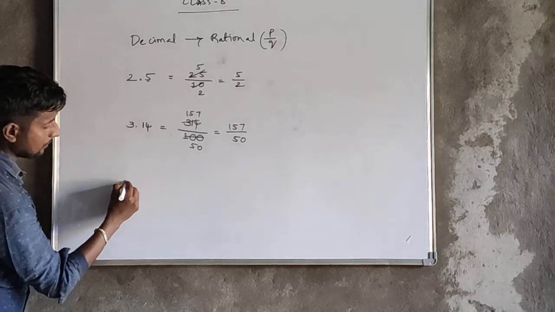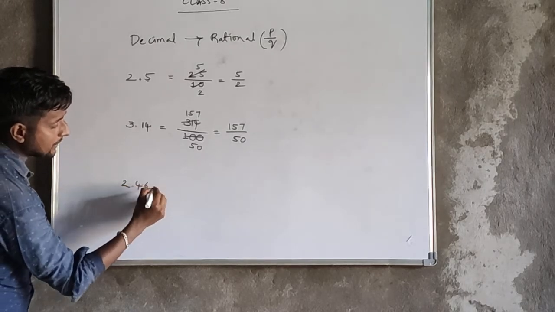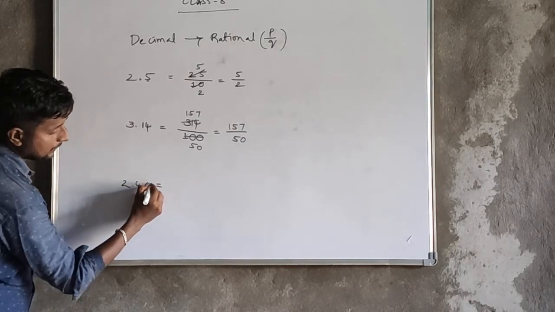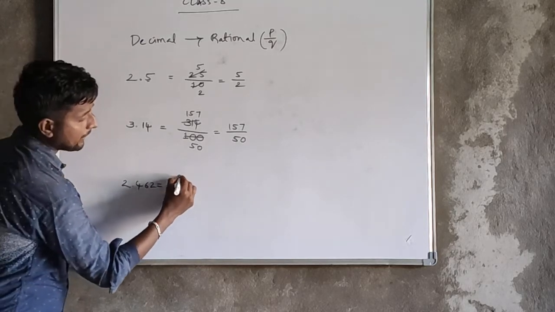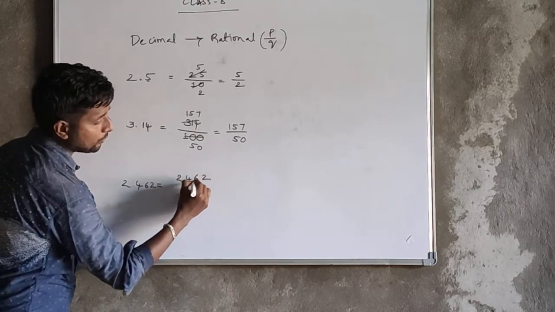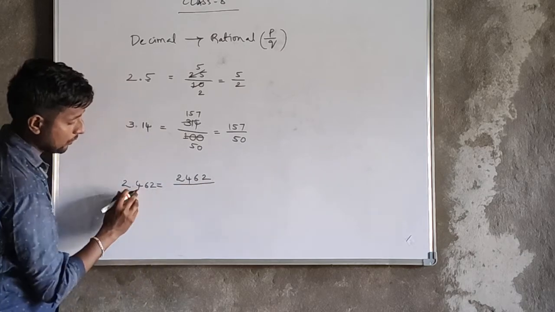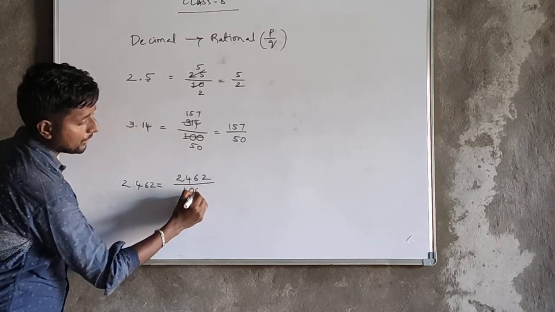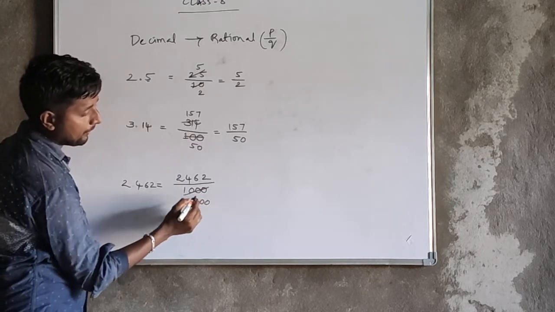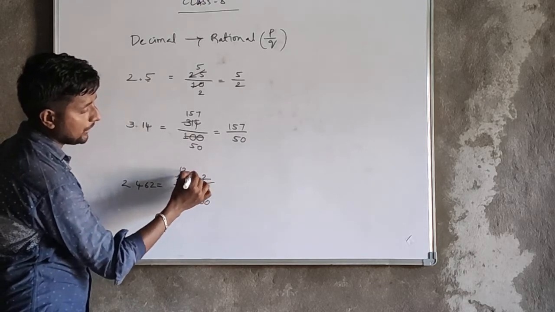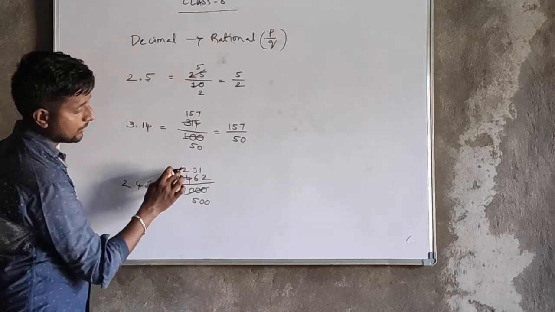Next, 2.462. I mentioned one more example. So we can write 2462 by, 1, 2, 3, so 3 zeros. Cancellation with 2: 500, half of the amount, 1231. So 3, 6, 7.